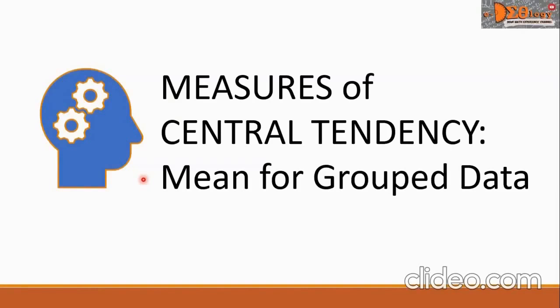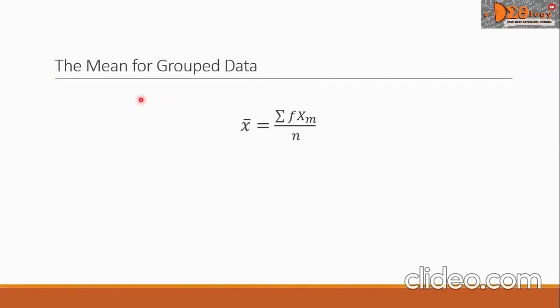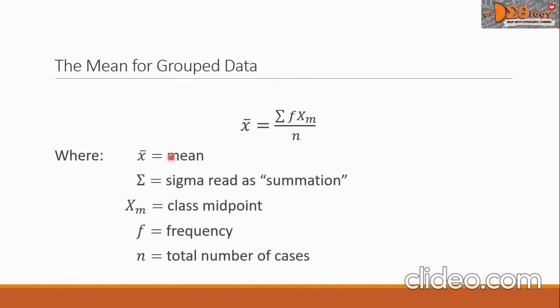Hi everyone. Today we're going to study mean for grouped data, and this is under measures of central tendency. The formula of the mean for grouped data is given here, and this is x bar equals sigma f x sub m all over n, where x bar is the mean.